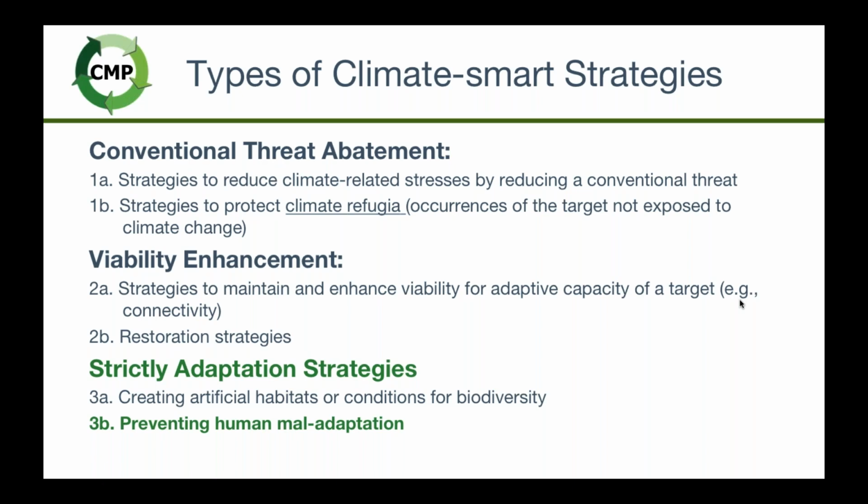We're going to lose so many of our ecosystems and species. And so these categories are just to help people to think about what we all can be doing to help our ecosystems and species to have greater adaptive capacity and resilience in the face of climate change.